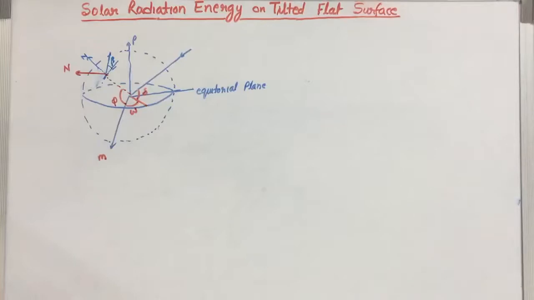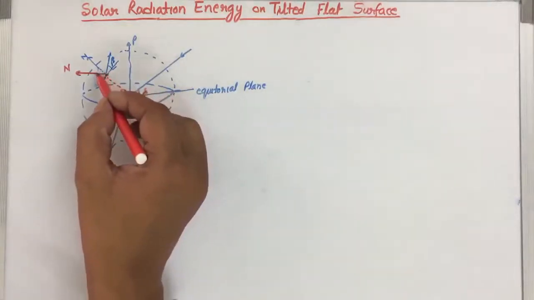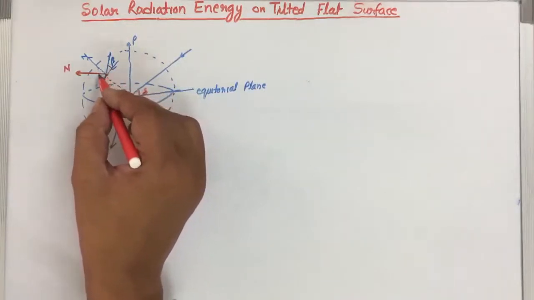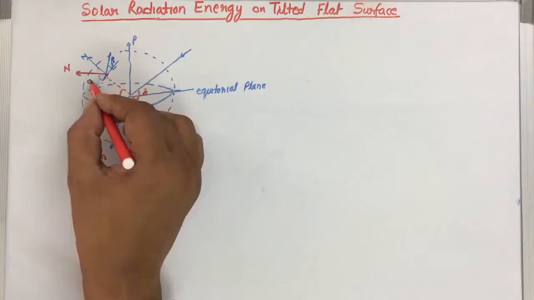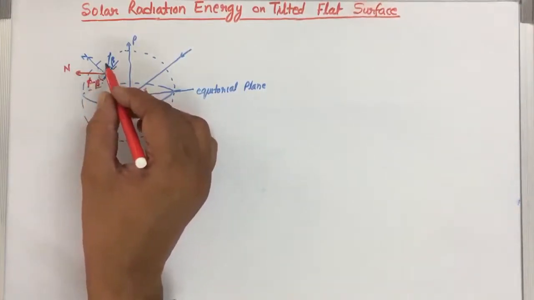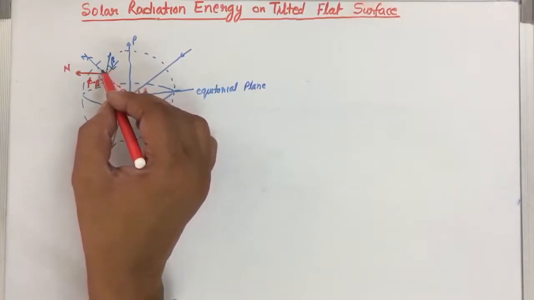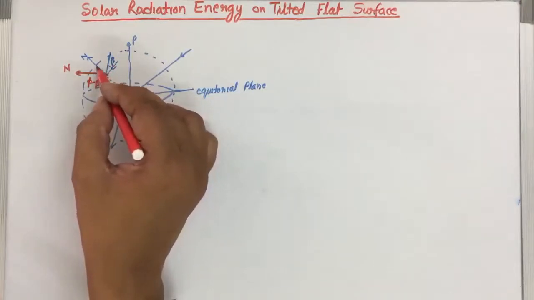Today this angle will be beta, and this angle will now be changed to phi minus beta, because tilting is this. So this angle is beta, this is 90 minus beta, and again this will be beta because it is just shifted with this angle.